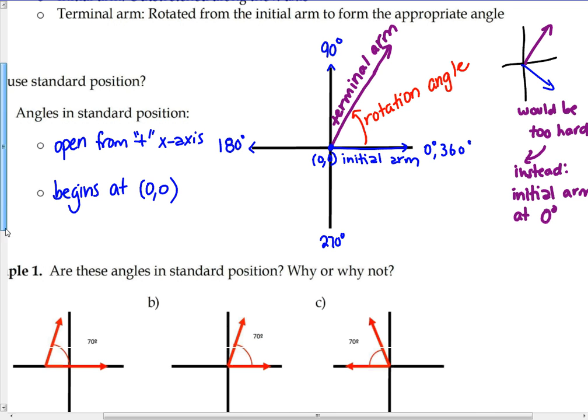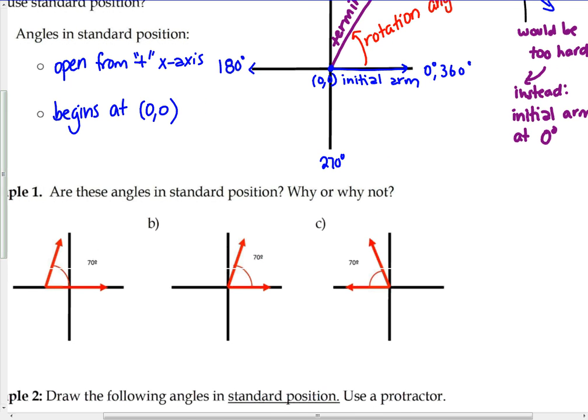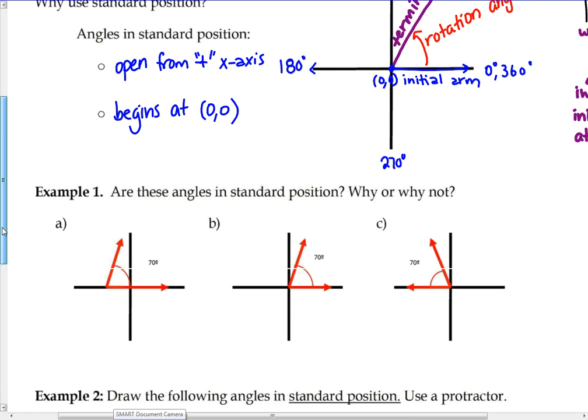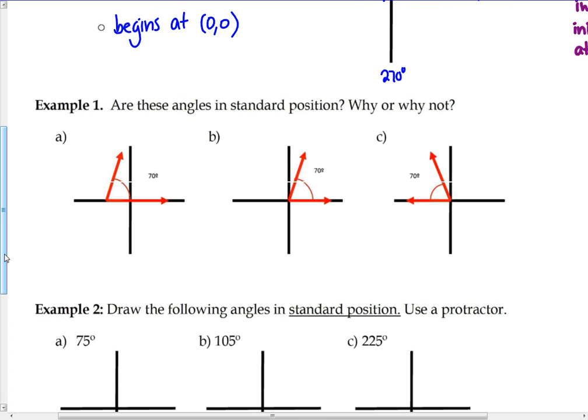So there's some examples down below. You can see here, why is the first one not in standard position? It's not because it doesn't begin at the origin, at 0, 0.